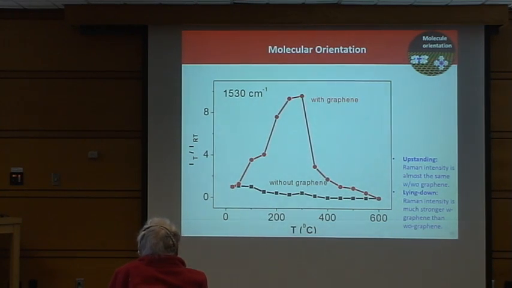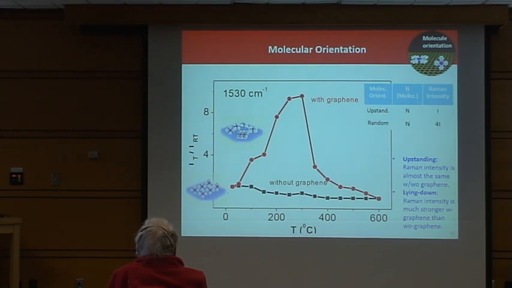So in this process, we can imagine what happened. For the first step, all the molecules are upstanding, the number of molecules is n, and the Raman intensity is I. If we anneal at a lower temperature, the molecules will become lying down, but the number of molecules will stay at n, while the Raman intensity actually increases.